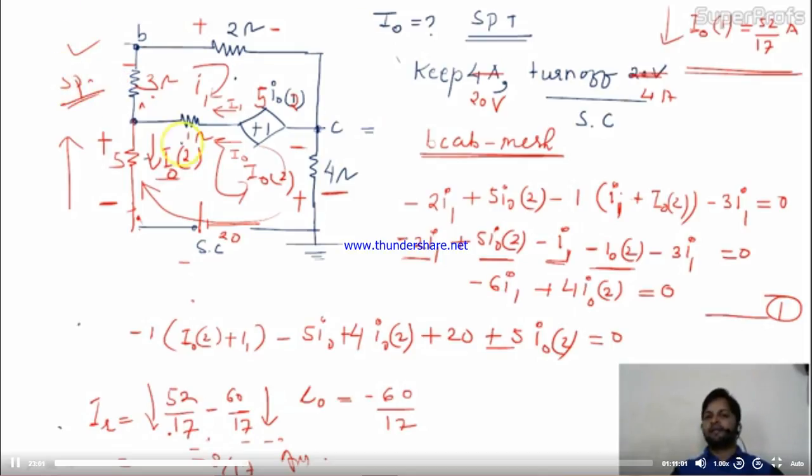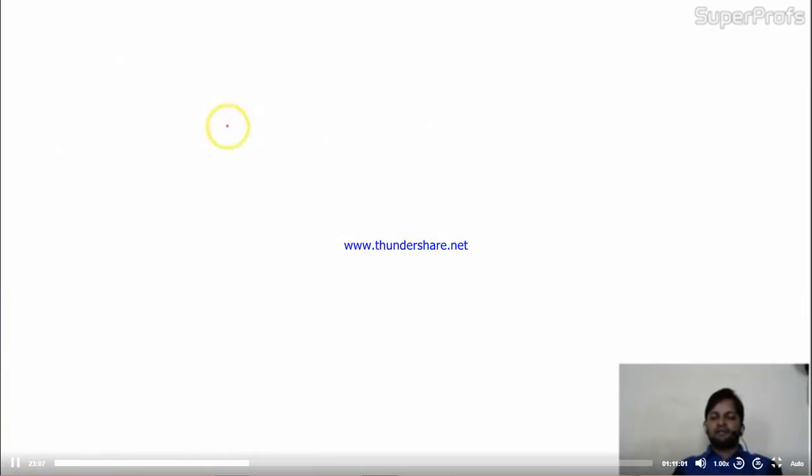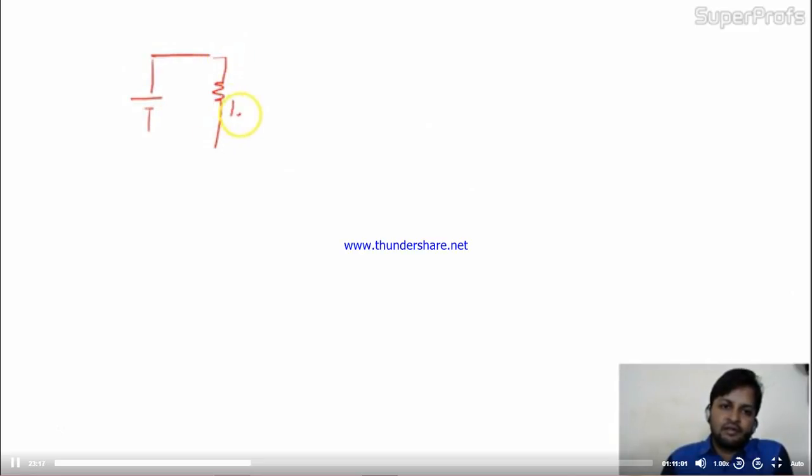Okay, in GATE, in 1 year we get one question. I think we solved the same question last time. The question was, see, like this. This is 1 ohm, 1 ampere current.